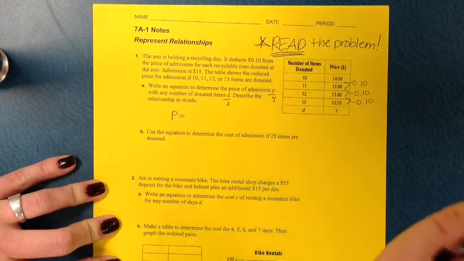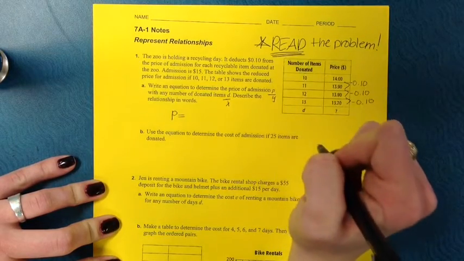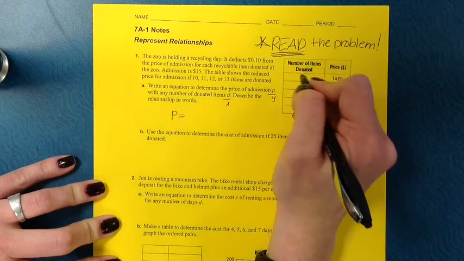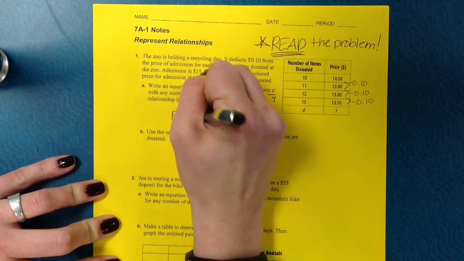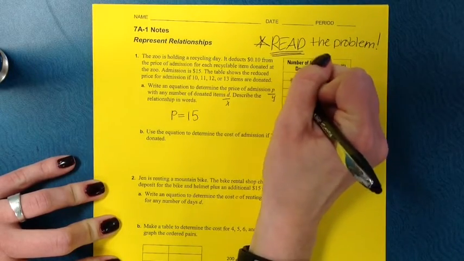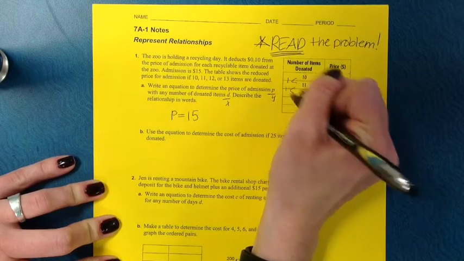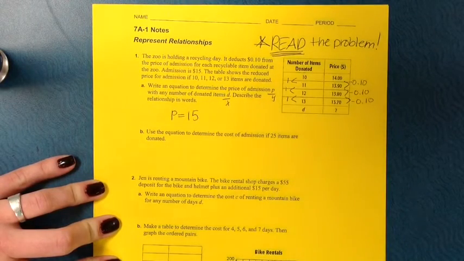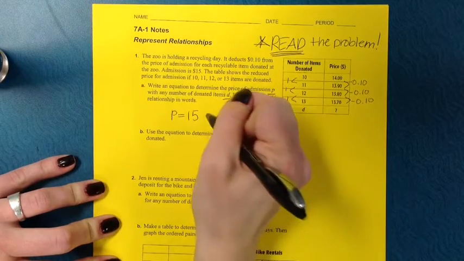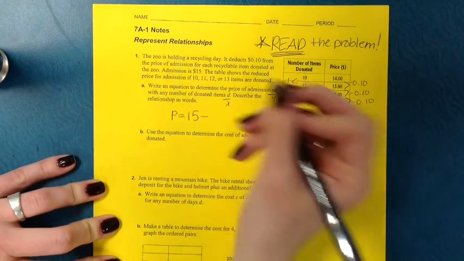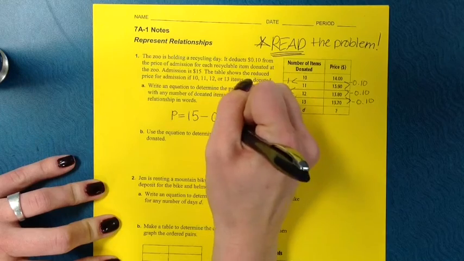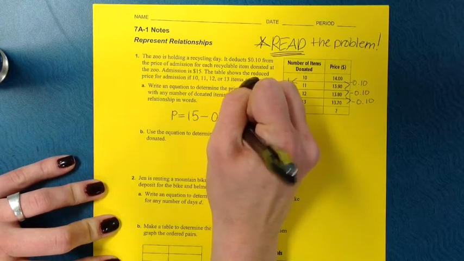So our initial price of admission was $15. So we need to write that next to our P equals. Now we know that we were subtracting 10 cents for each time that we donated an item. So our equation is going to look like P equals 15 minus 0.1 D, because we're subtracting 10 cents for each item donated.